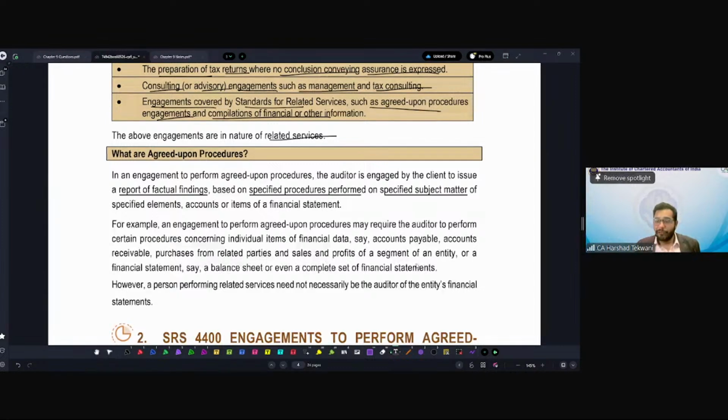Let's say the engagement was with respect to calculation of 5 different ratios for the last 3 years.